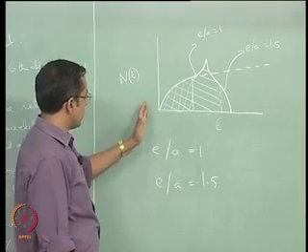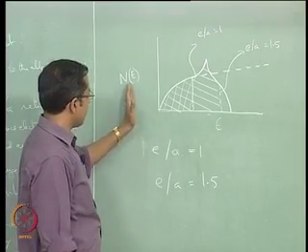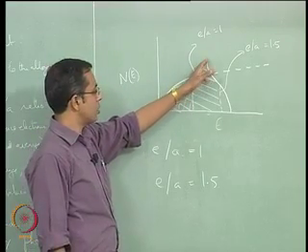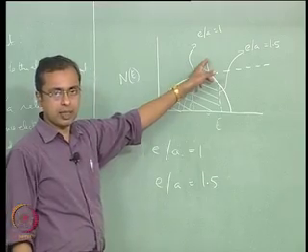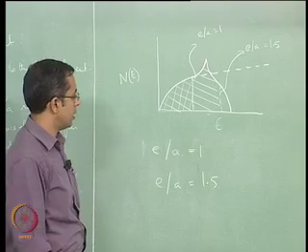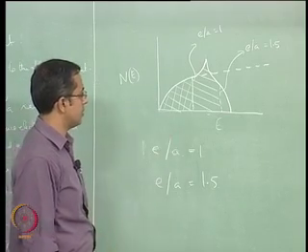Now please note that the number of available states has this form. So actually the availability of states begins to climb up sharply very close to the Brillouin zone and then drops down abruptly. Okay, so that is how we see the available states present within the system.